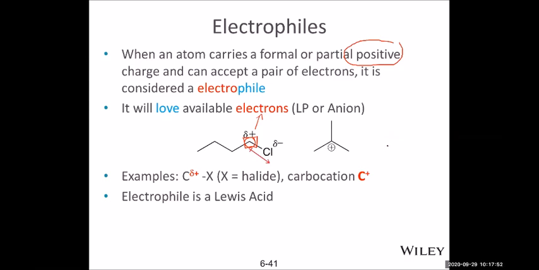Some other structures that are electrophiles include the carbon in the carbonyl group. This carbon has a slightly partial positive charge, and the oxygen is partially negative, so this carbon is electrophilic. Electrophiles receive electron pairs, so they are Lewis acids.